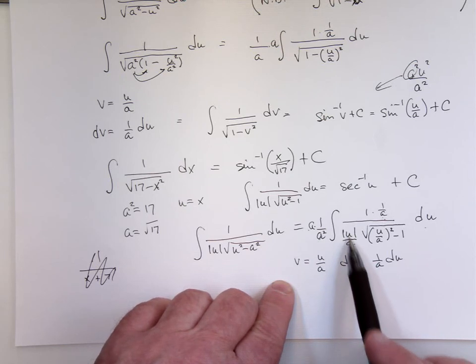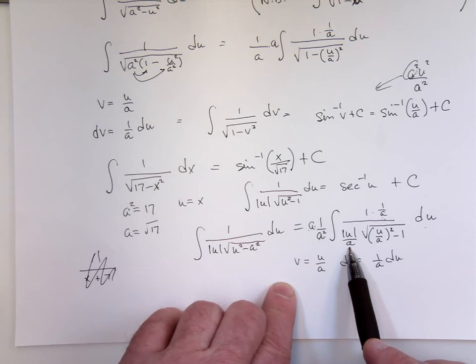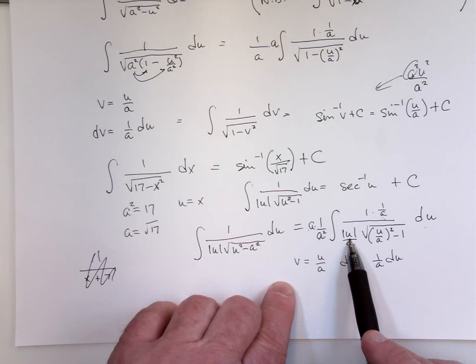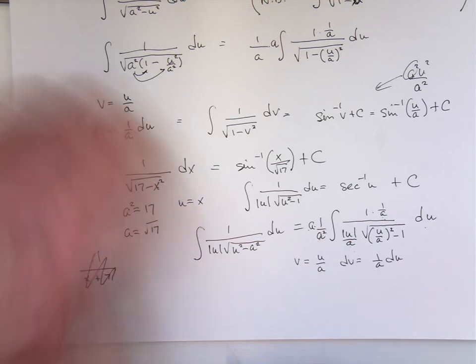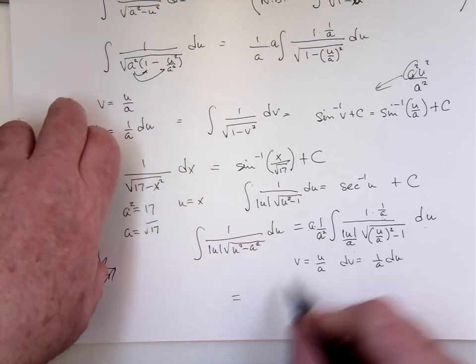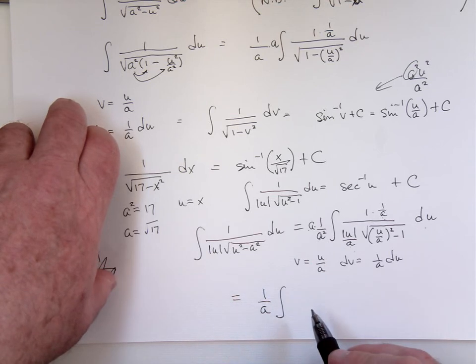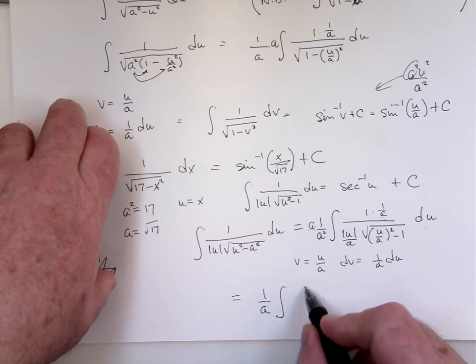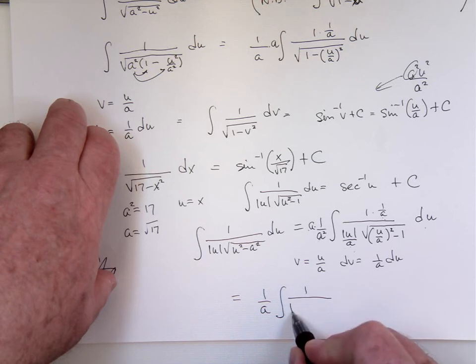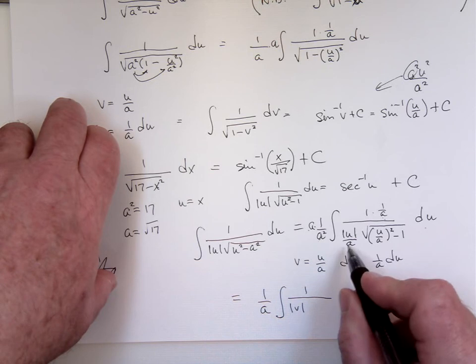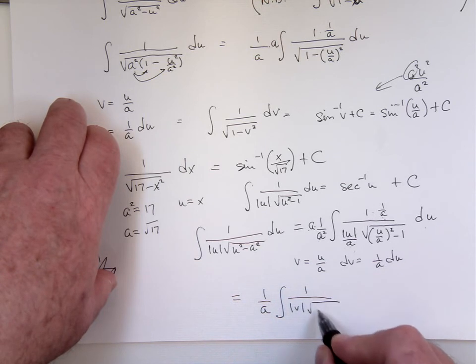So when I divide that denominator by a, I also have to multiply the denominator by a to compensate. When I clear away everything, what I'm ending up with is 1 over a, the integral of 1 over absolute value of v times the square root of v squared minus 1 dv.